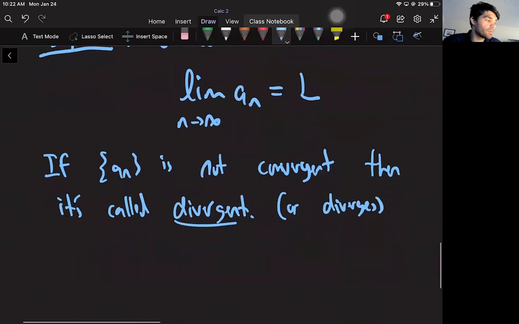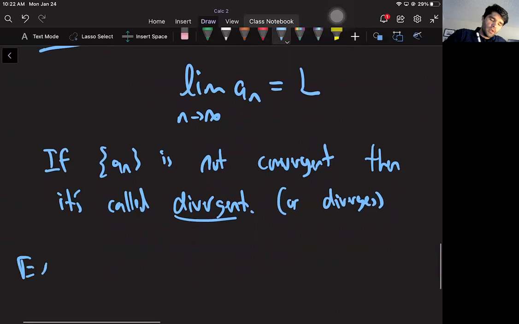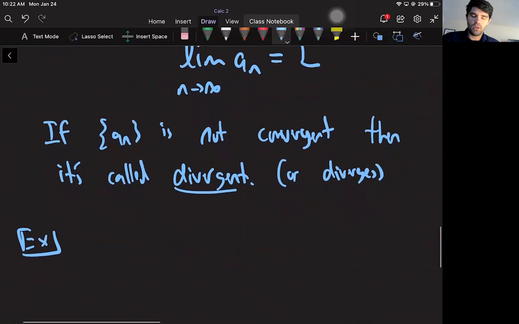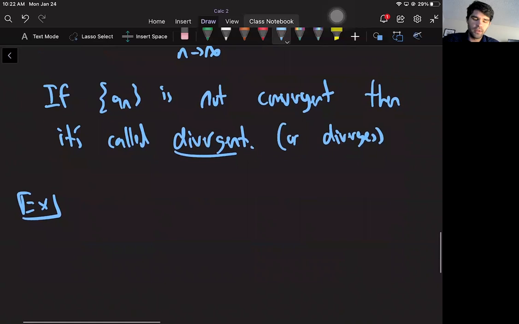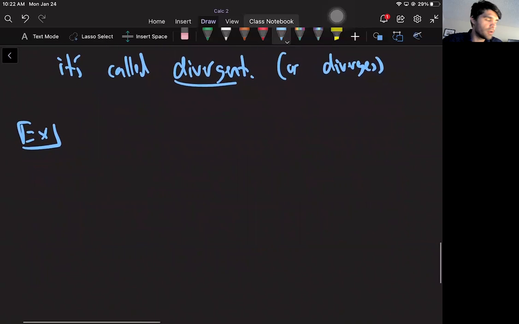All right, so let's see some examples of this stuff. So there is a much more formal definition of limit of sequences that we don't deal with in this class, but it's out there. If you want to be very official and fancy, you can look it up. But you'll learn that in a much later class if you stick with math long enough. But for now, we're just going to think about it like this in a very vague way.